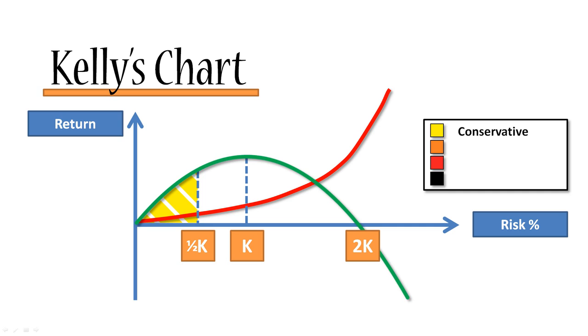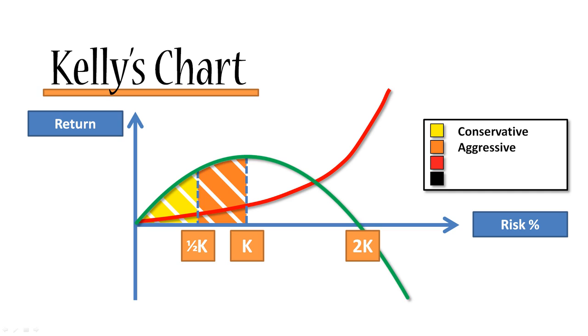So once you've calculated your Kelly, you can derive your half Kelly, and if you're risking anything below the half Kelly, according to this method, you can deem your trading to be on the conservative side. Next, the section between half Kelly and Kelly is called the aggressive section.